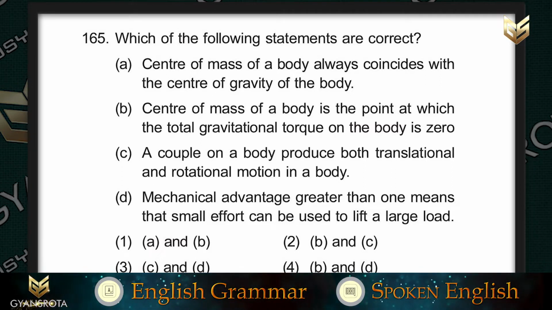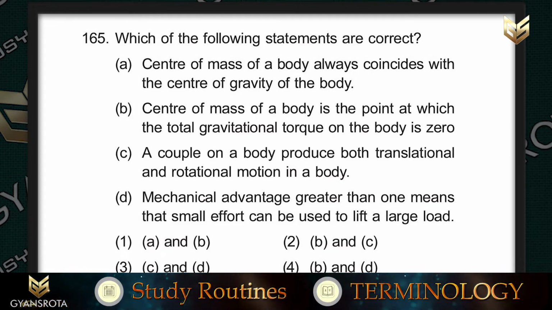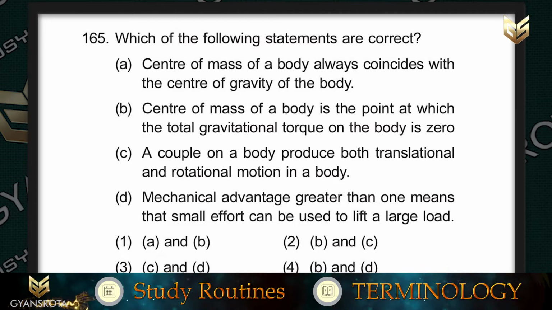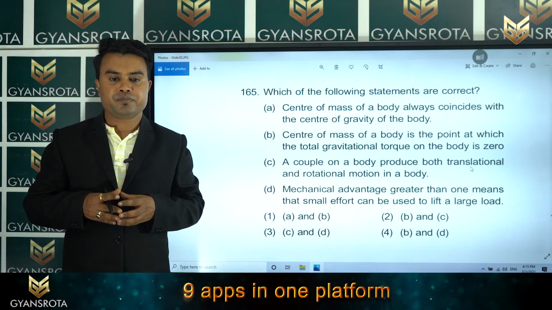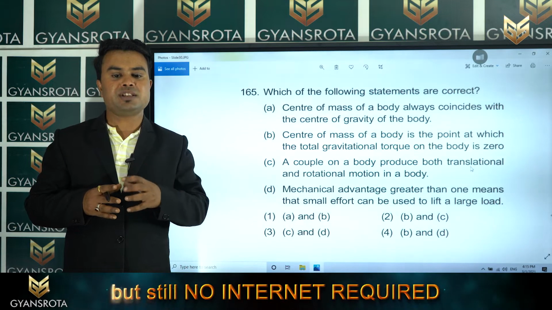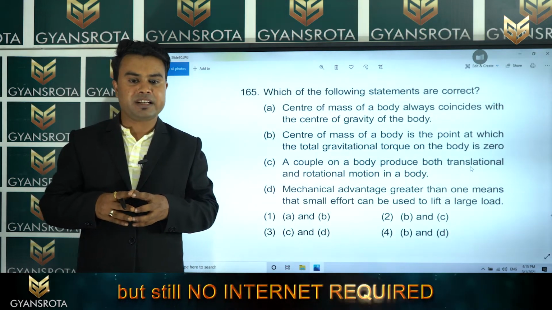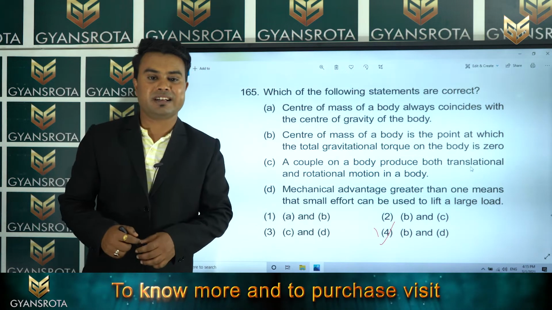No. Number D, mechanical advantage greater than 1 means that small effort can be used to lift a large load. That is true. So option 4 will be correct, because I think B and D is the right answer. So I can click on option number 4. Option number 4 is the correct answer.